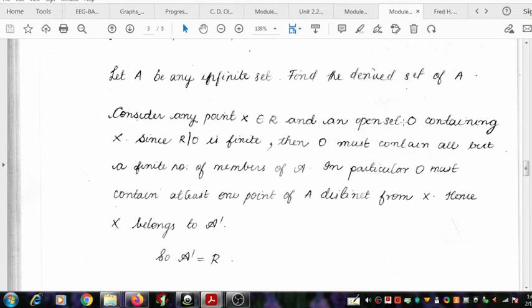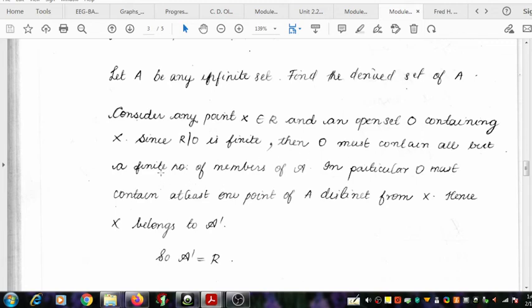The taken open set must contain the arbitrarily chosen element, the real number. Small x is any real number, and O is chosen such that O is a subset of R, and x is a member of O.